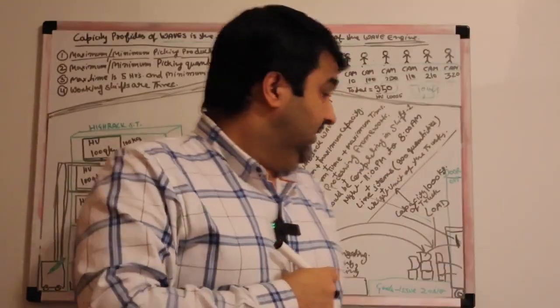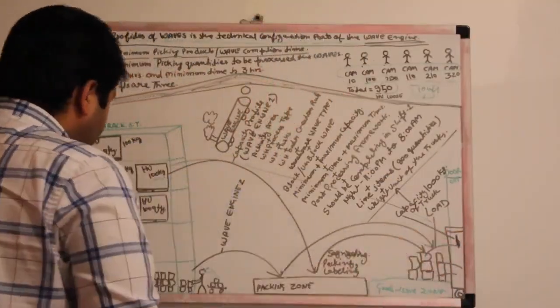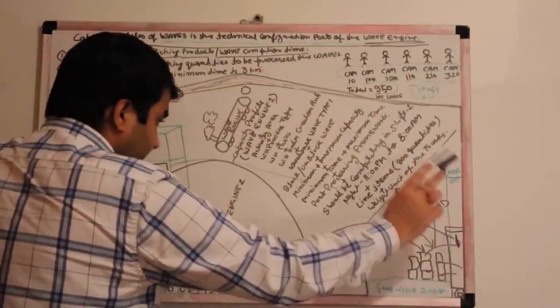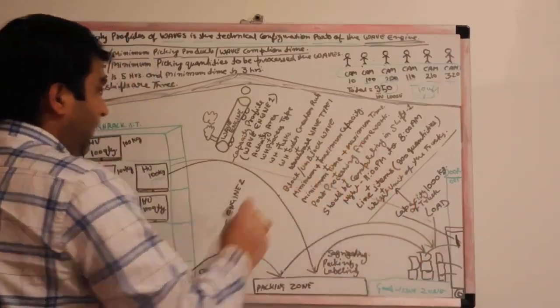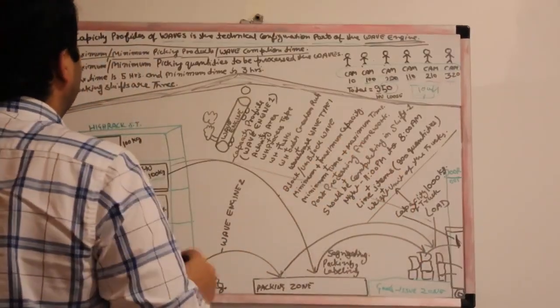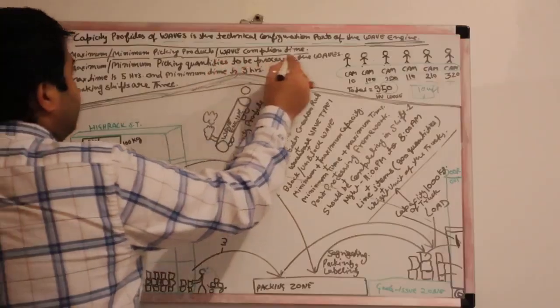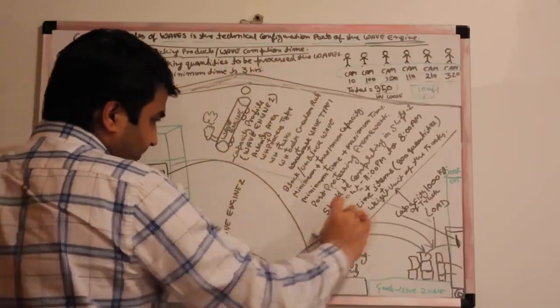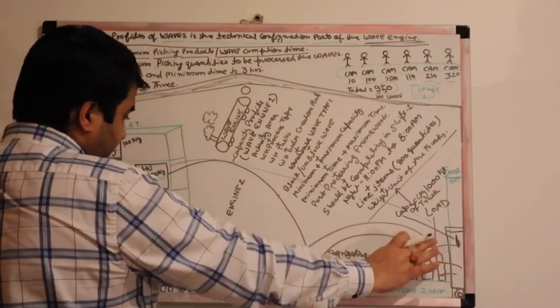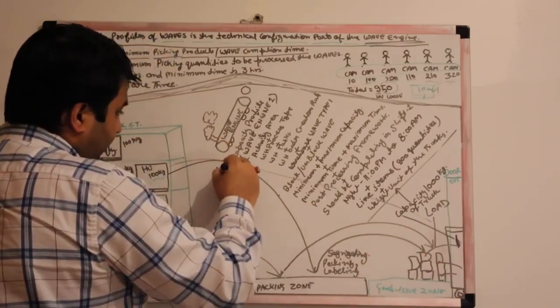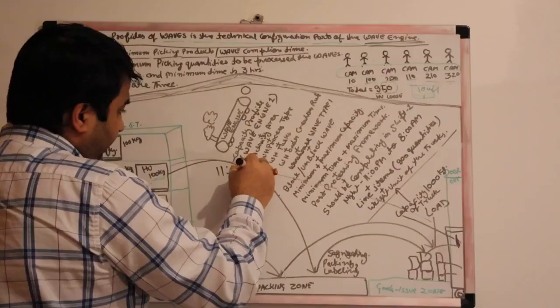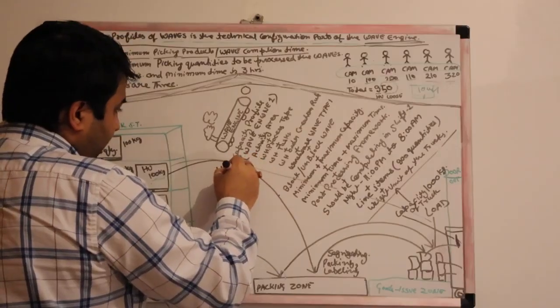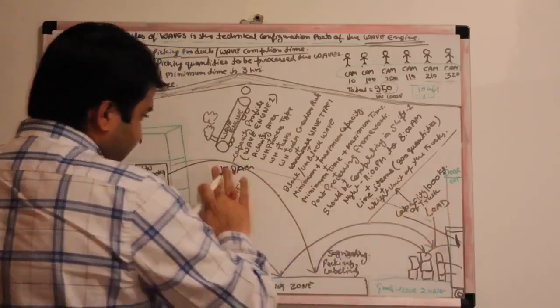For example, this truck. So this is one wave flow, this is another wave. So the wave engine, wave completion time: suppose wave 1 should be completed at night time, 11 p.m. to 8 a.m. I need this first wave process to be complete.